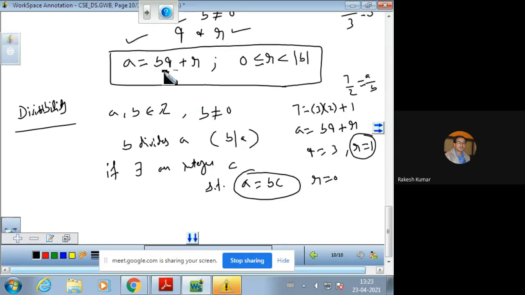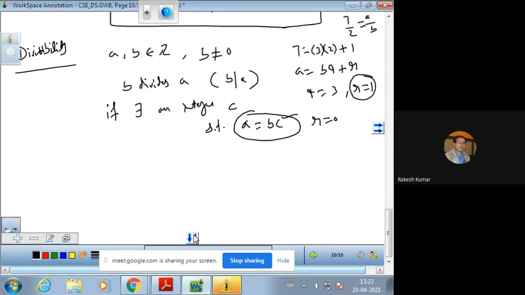Actually, we are using this principle of division algorithm. So A is in place, B is also there, but in place of quotient, we are getting another integer C. So this is the case of exact division. So we can say that this is a rule of divisibility or exact divisibility.